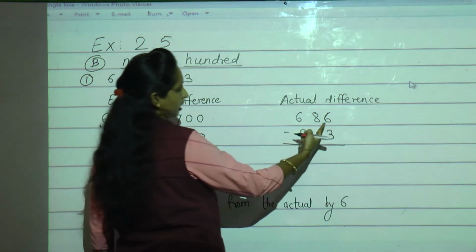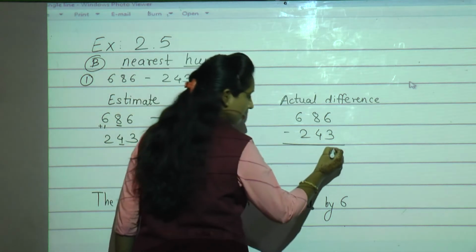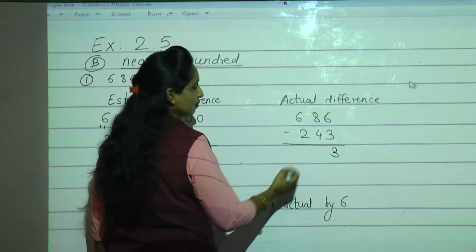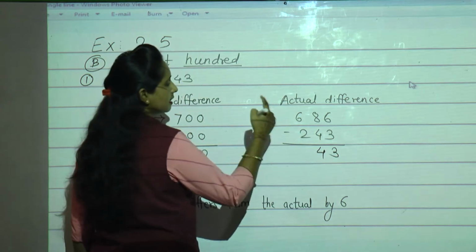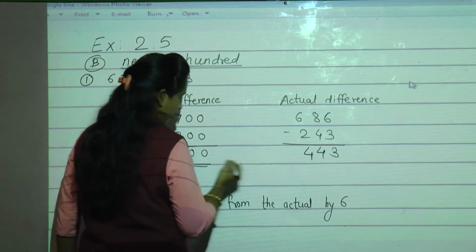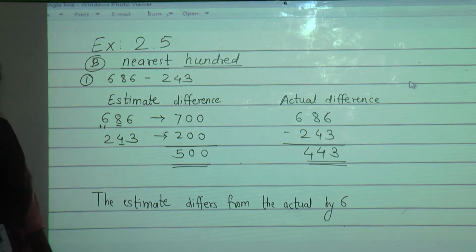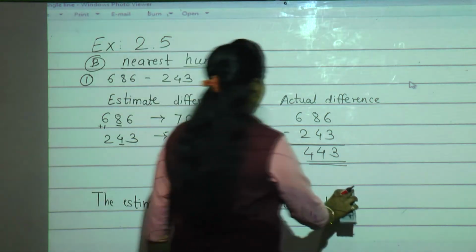Now tell me the subtraction, students. 6 minus 3 is 3. 8 minus 4 is 4. 6 minus 2 is 4. So this is the estimate difference and this is the actual difference. But how much differs? We have to find out now.